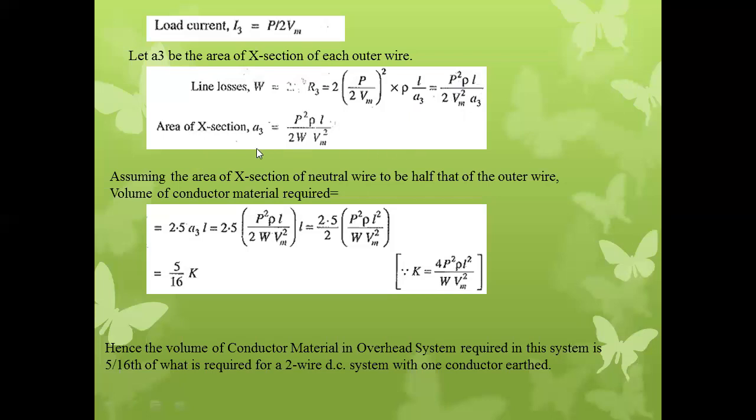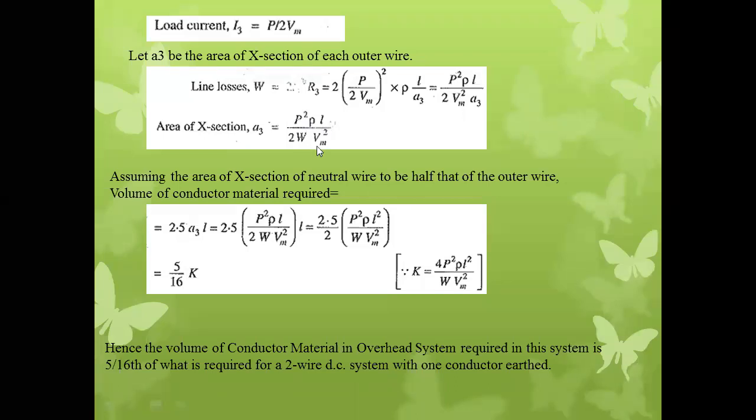From this equation we find the area cross section A3 is equal to P square rho L by 2 into W into Vm square, where W is the line loss.